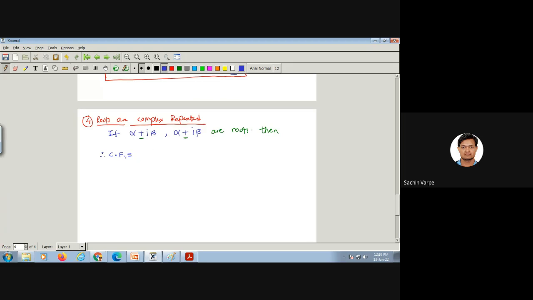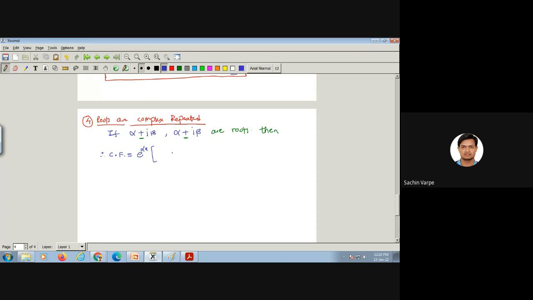So how do we write? We write the complementary function to be e to the power alpha x into c1 cos, actually the roots are repeated, right? So we do the same thing as we have discussed in the second case.